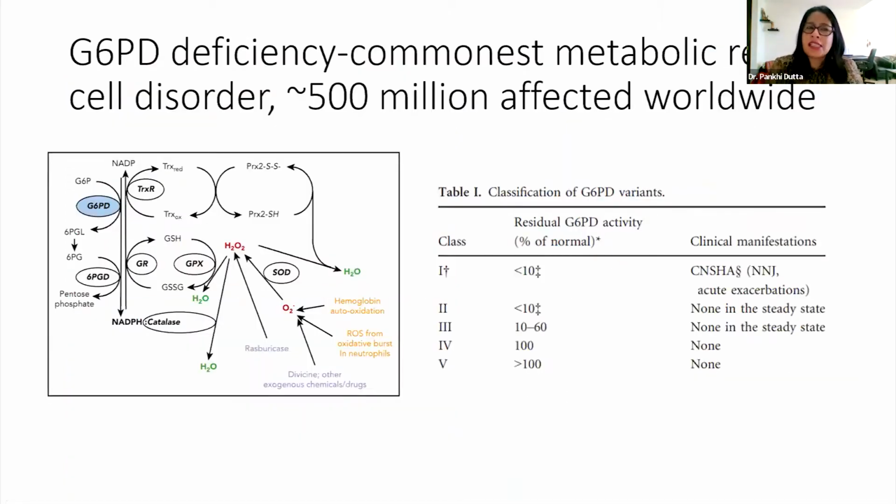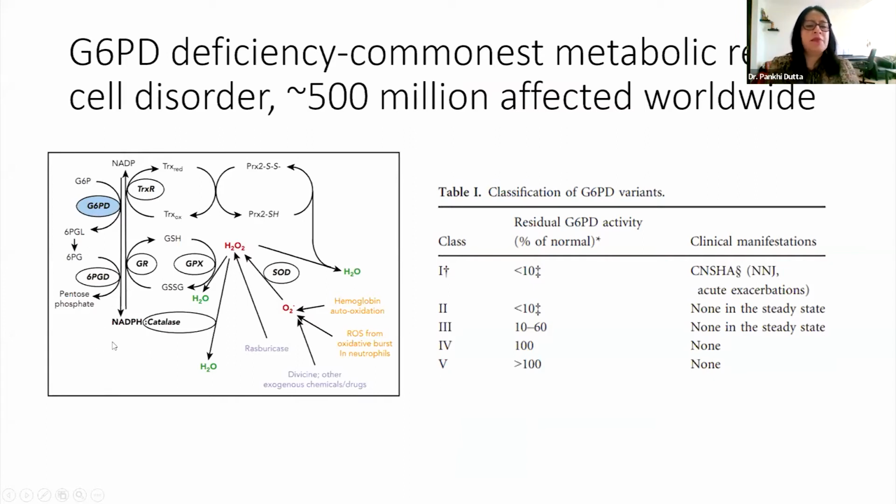So G6PD deficiency is the commonest metabolic red cell disorder. So many people are affected that it's considered almost a polymorphism. And this is the first enzyme in the pentose phosphate pathway. What G6PD does is that it is involved with the synthesis of NADPH, or it reduces NADP to NADPH.